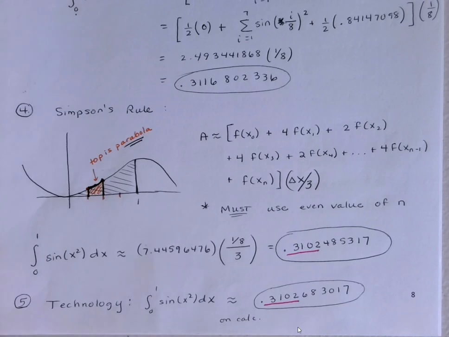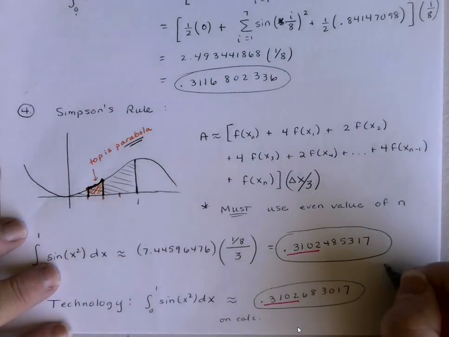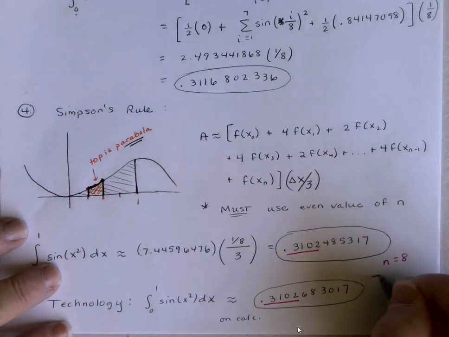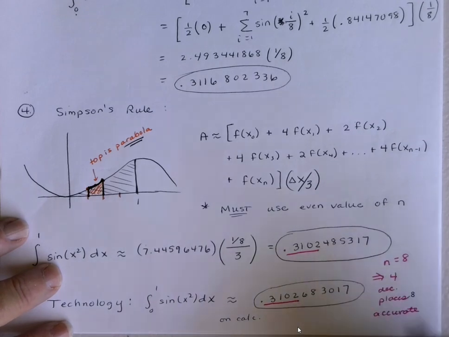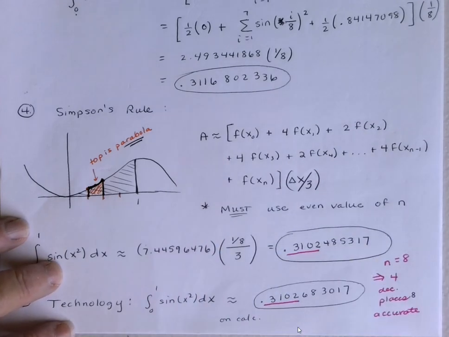The first 4 decimal places are actually accurate. And I've only used an n of 8. So, compared to the Riemann sums that we were doing before, where we only got 1 decimal place of accuracy when n was 8, this is a huge improvement.